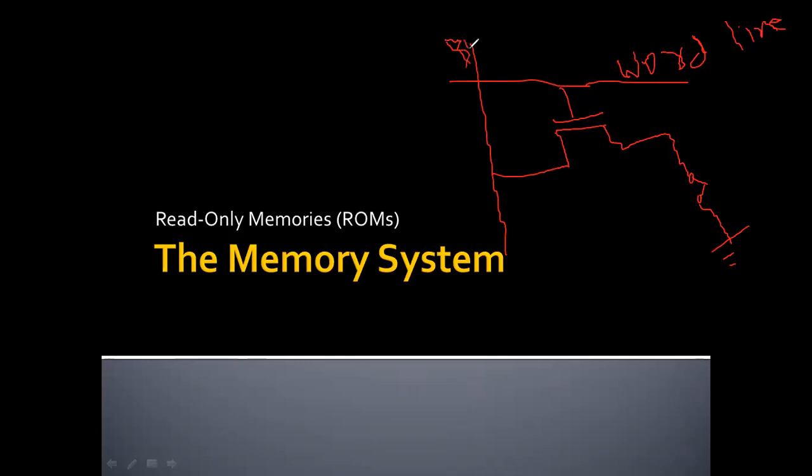Here, this bit line is connected to VCC. This is the structure of one cell in this ROM.